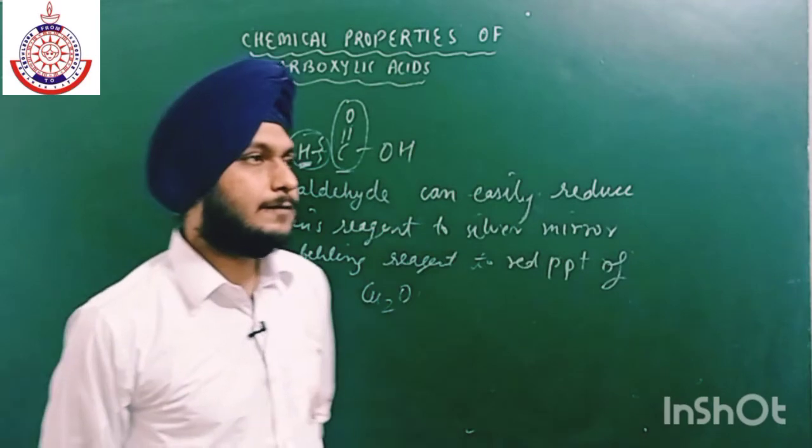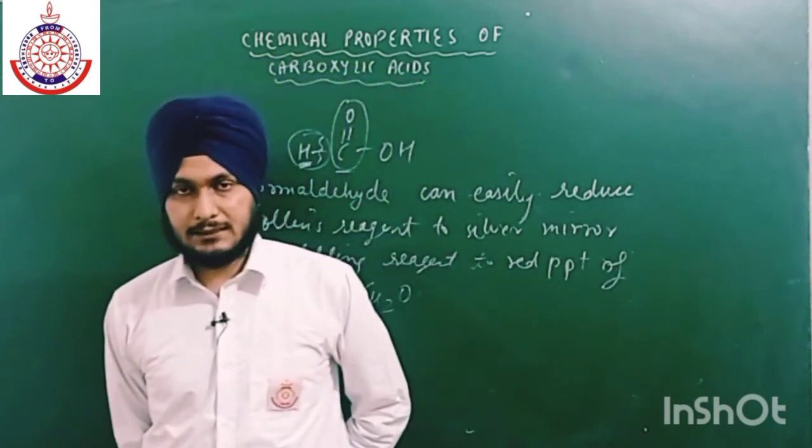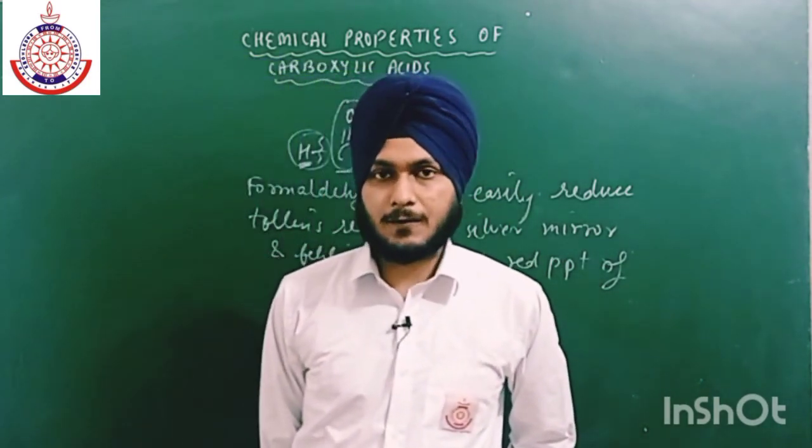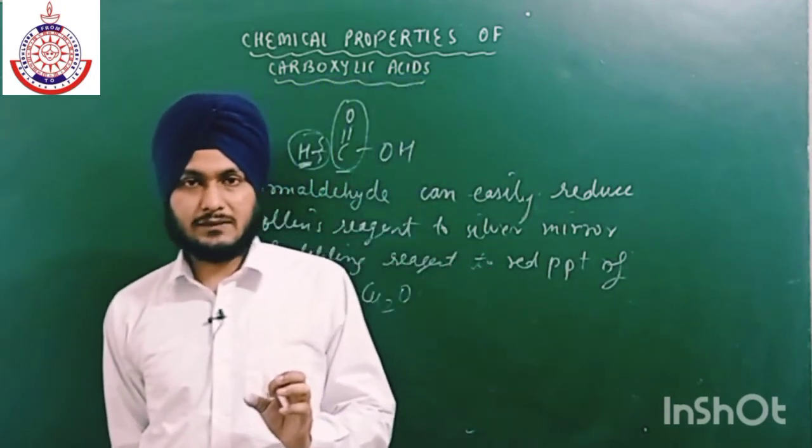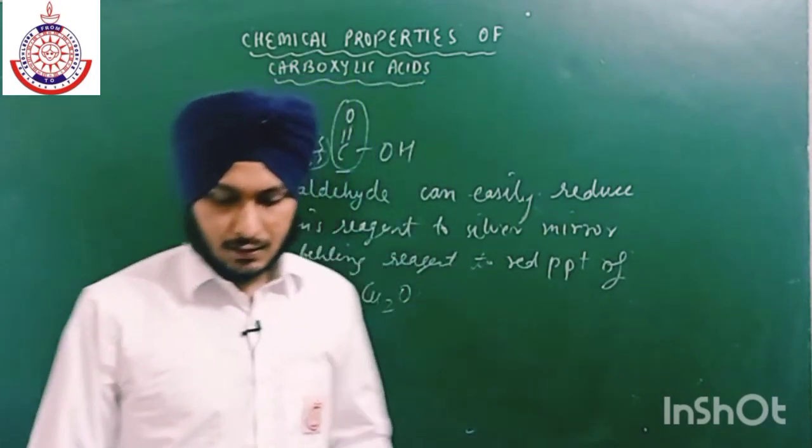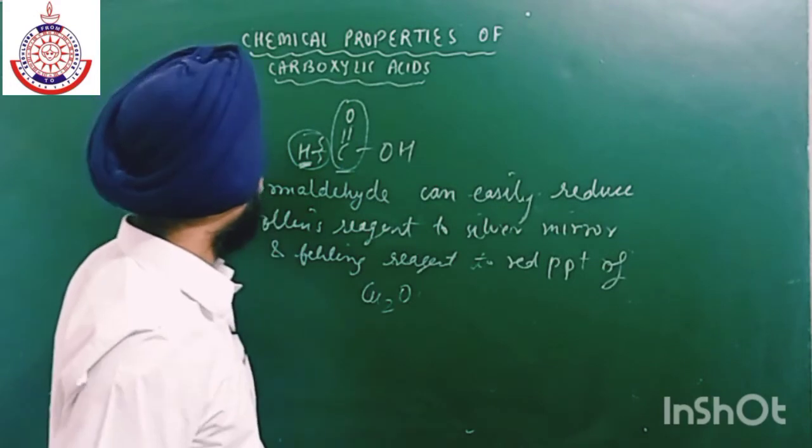Now how can we distinguish this carboxylic acid from phenol? So the first test in order to distinguish is the sodium bicarbonate test, NaHCO3 test.